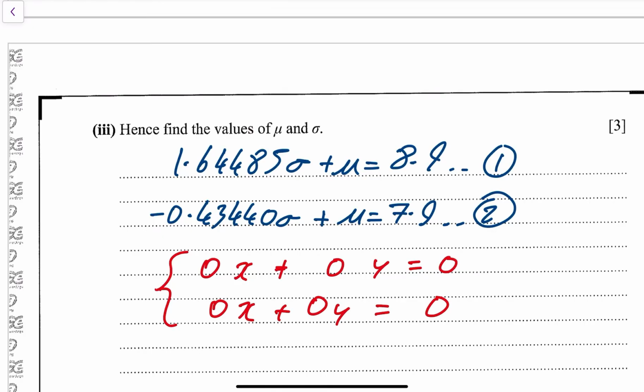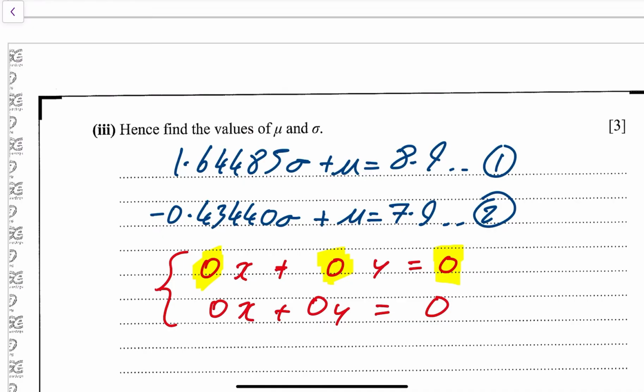Now what you do is, for the first one here, you type 1.64485 and then press equals. The selector then moves across to here. You type in 1 because you've 1 mu. You move across to here and it's 0. Press equals again.